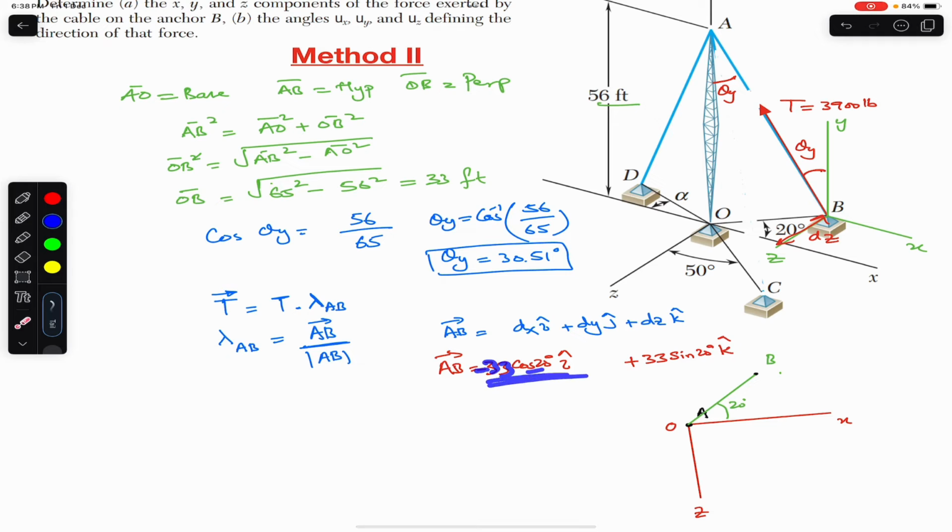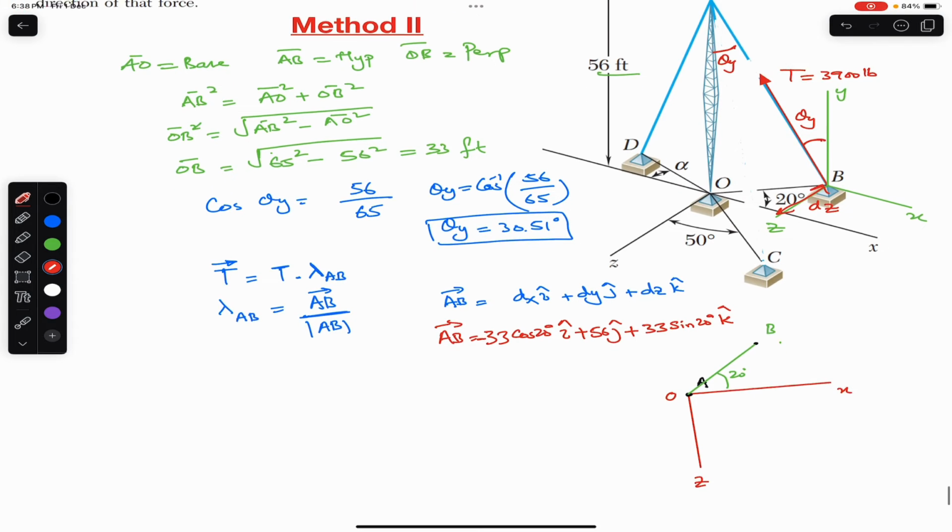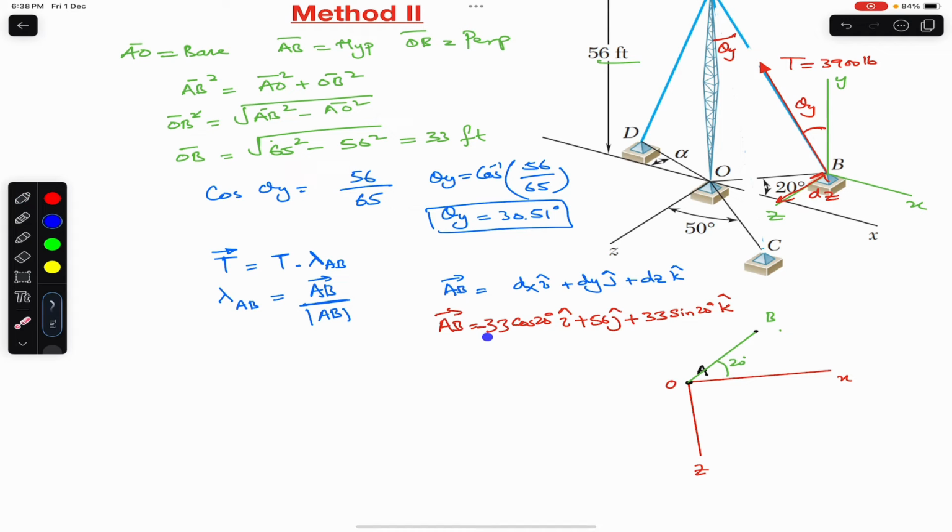And then once we reach here, we need to travel this distance in the positive y, and that is 56 feet. That is given directly. So we'll write plus 56j. So this is minus 33 cos of 20 i plus 56j plus 33 sine of 20 k. So this is the position vector from A to B.